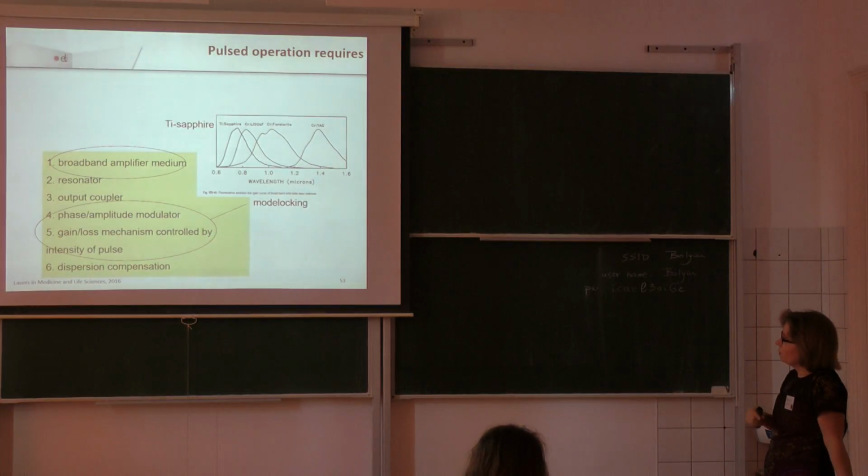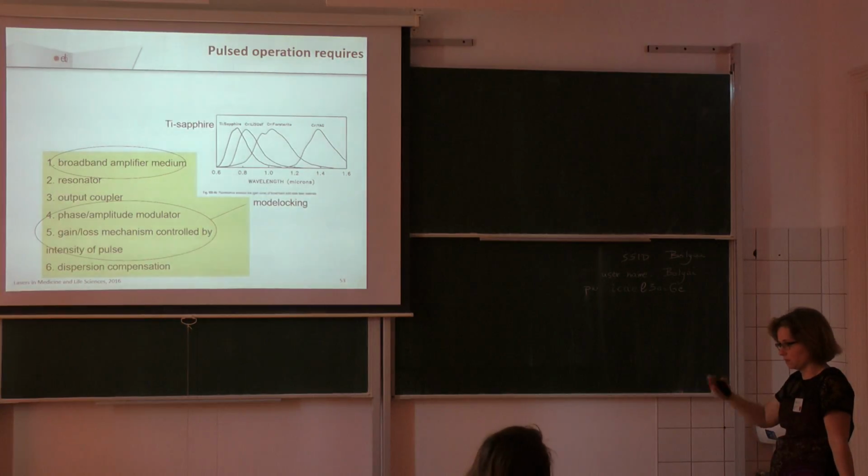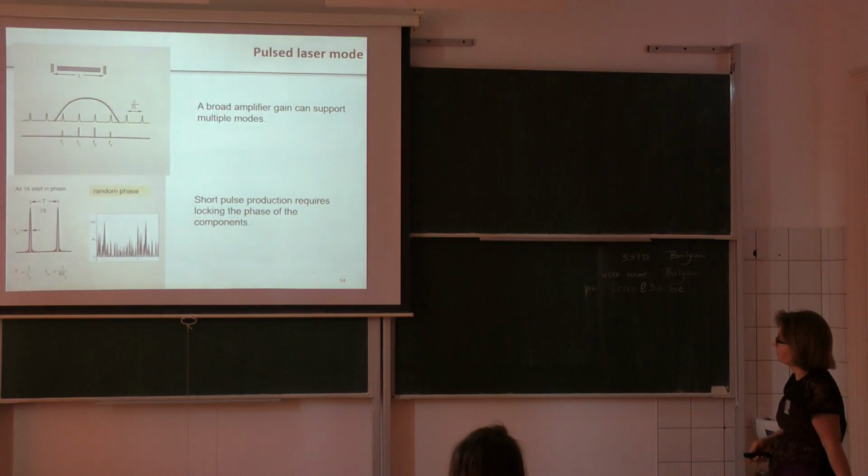To build a pulsed laser, we need, as I said, a broad amplifier medium. We need the standard components that every laser needs, the resonator and the output coupler. And we also need what we call a mode locking scheme that modulates the laser light, because these frequency components have to come in phase. If they just come randomly, we are not getting short pulses.